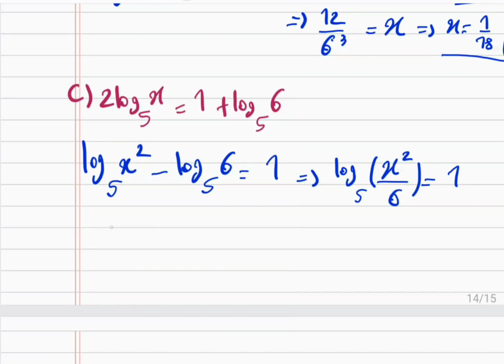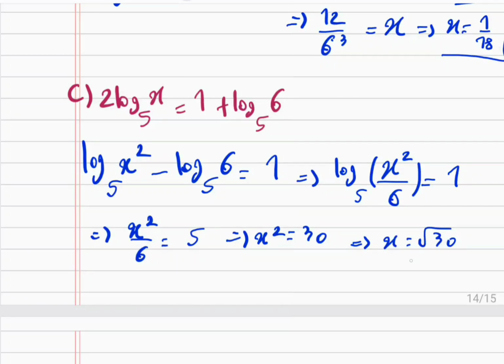Then that means x squared over 6 is equal to 5 to the power of 1, which is just 5. So x squared is equal to 30. Therefore, x is equal to root 30. And the reason it can't be minus root 30 is because the input of log has to be always greater than 0.